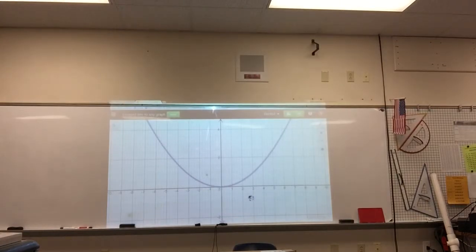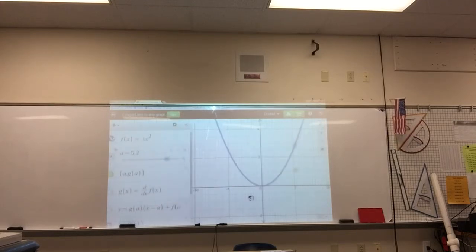Okay, and the green dot is actually the slope, the actual slope of the line tangent. So if I pause this right here, well, let me move it right here, and I draw the line tangent.